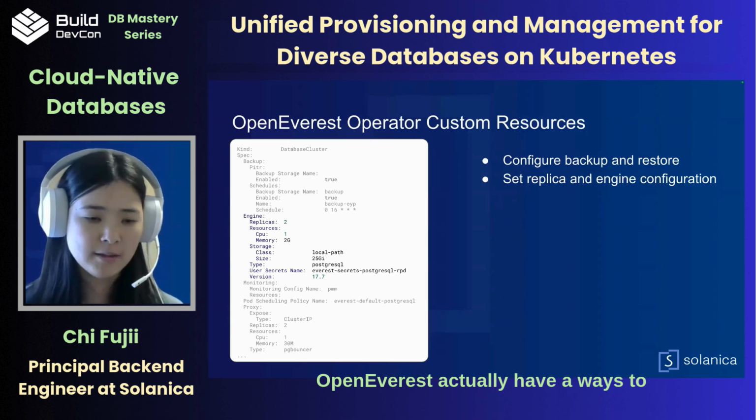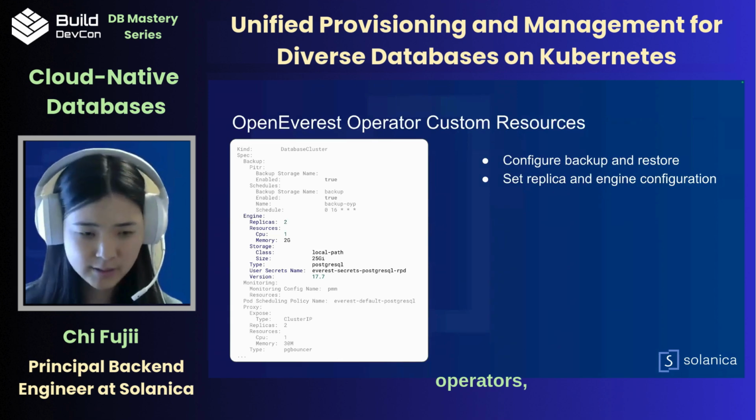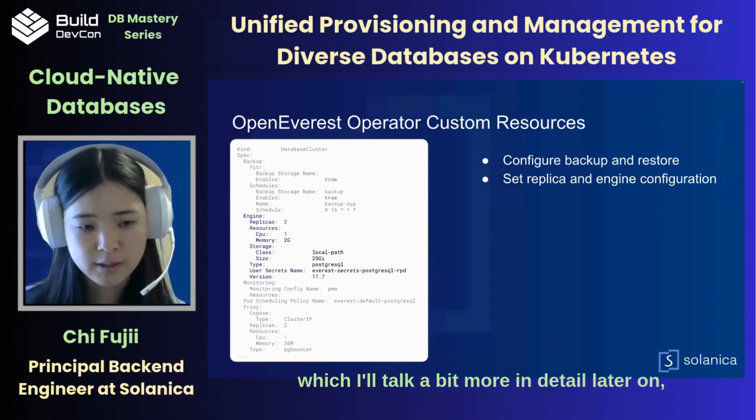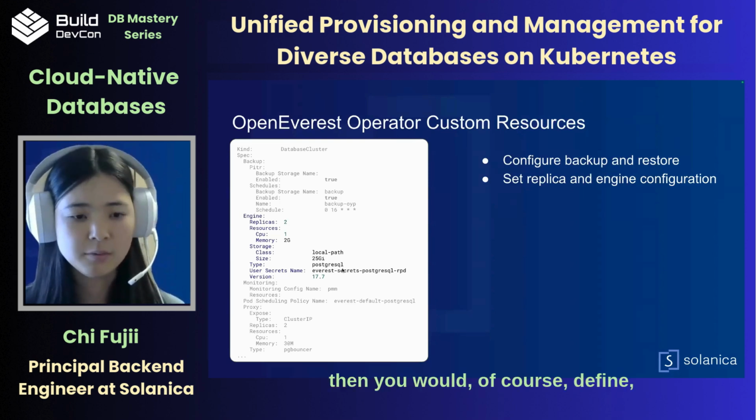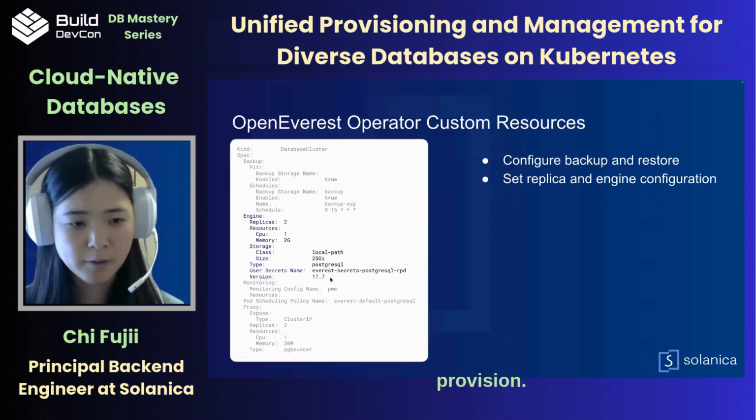OpenEverest actually has a way to discover available database operators, which I'll talk a bit more in detail later on. And then you would, of course, define which version of the database you would want to provision.